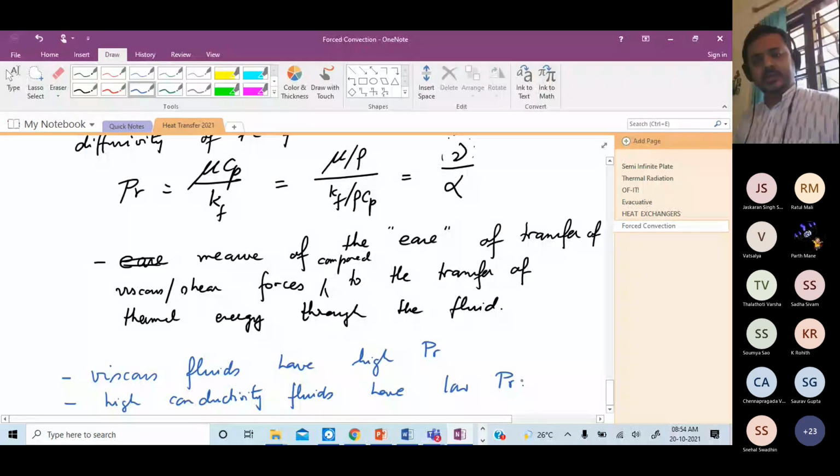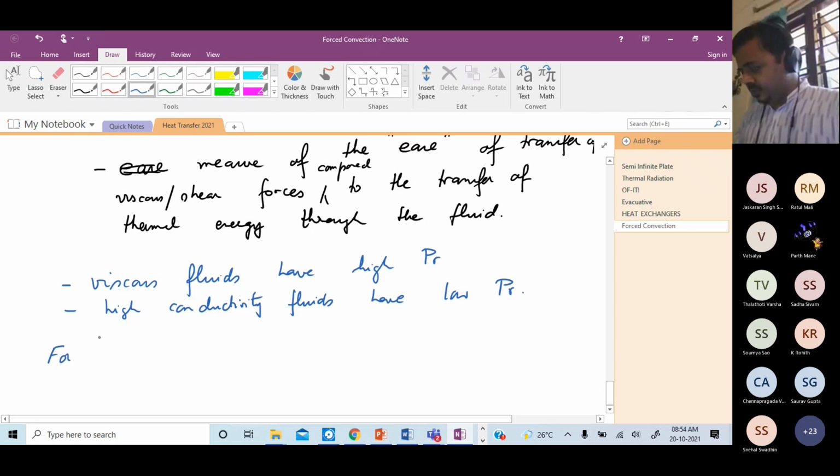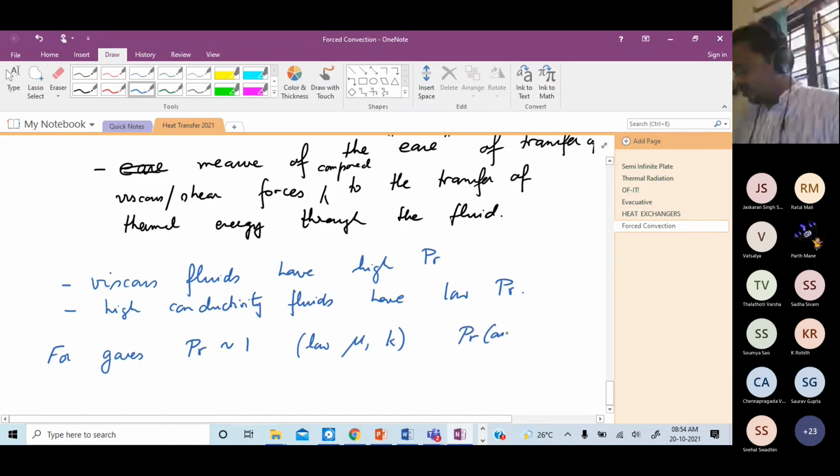So I can give you some values here. For gases, Prandtl number is of the order of 1. And why? Because mu and K are both low. To give you an example, Prandtl number of air at room temperature is around 0.7. I would request you to remember Prandtl number equals 0.7, and therefore slightly less than 1. This is for gases.